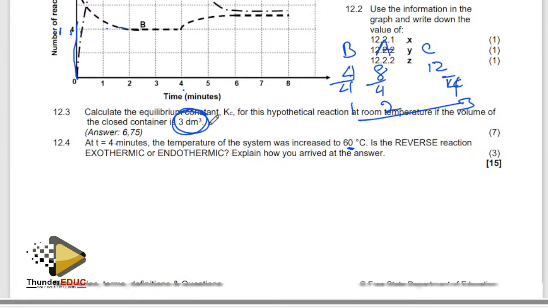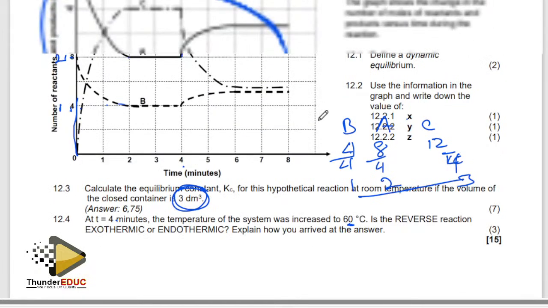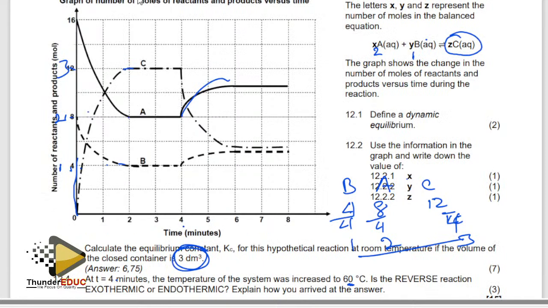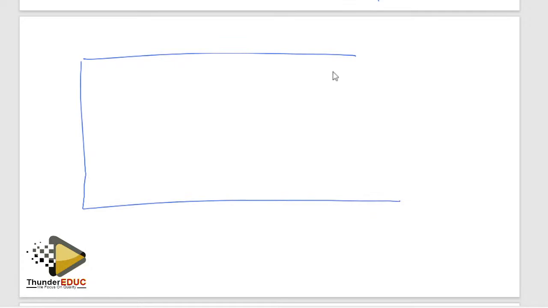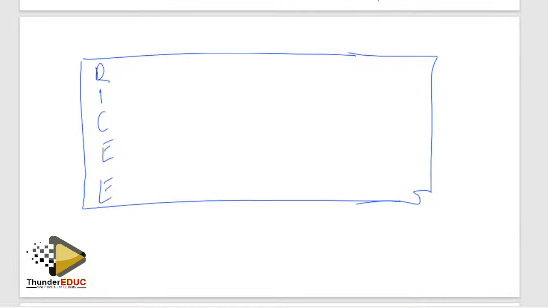Then from there, they're saying to calculate the Kc at room temperature when the volume is this. Now this one is simple. Why? Use the RICE method again. Whereby you look at the elements A, B, and C. So C is basically the product.